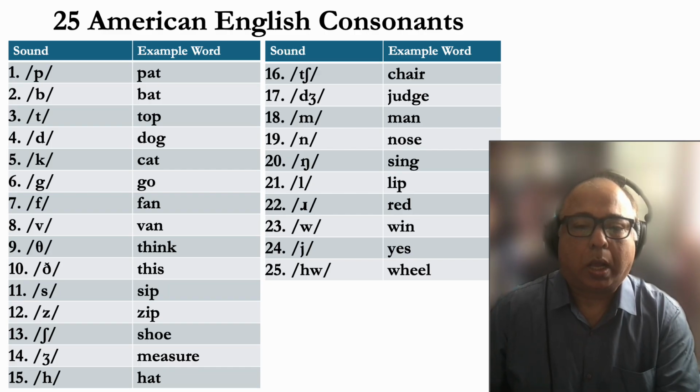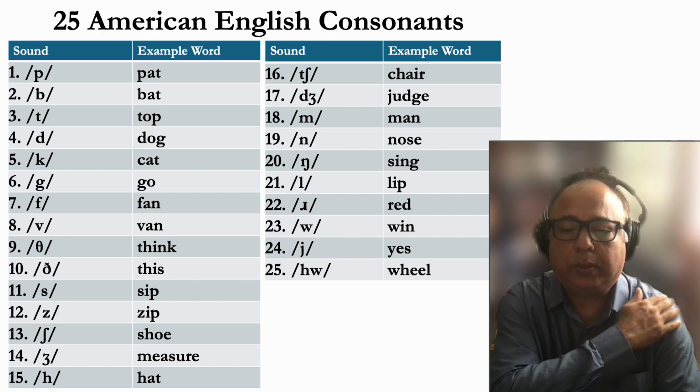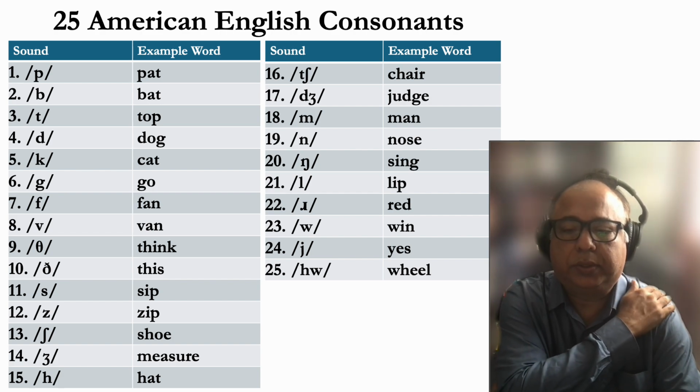Okay, so I am going to pronounce all 25 American English consonants for you. I need you to repeat after me. Okay? 1, P, as in pat. A pat on your shoulder. Someone says, good job.